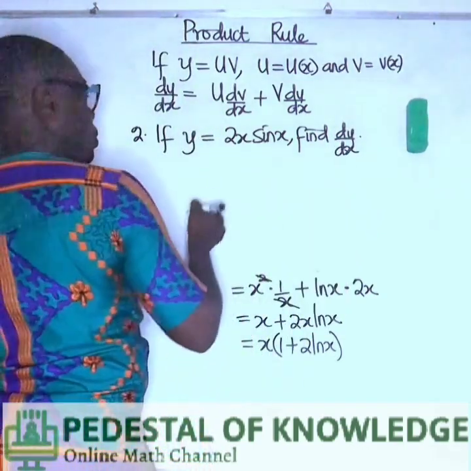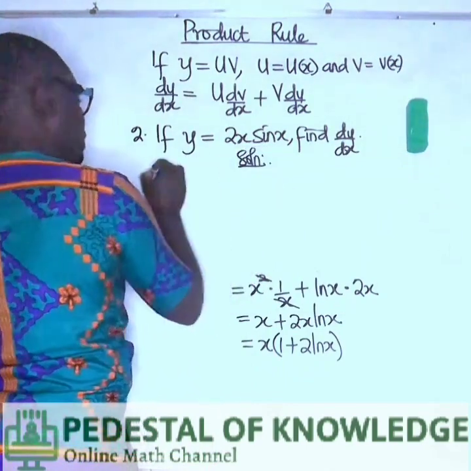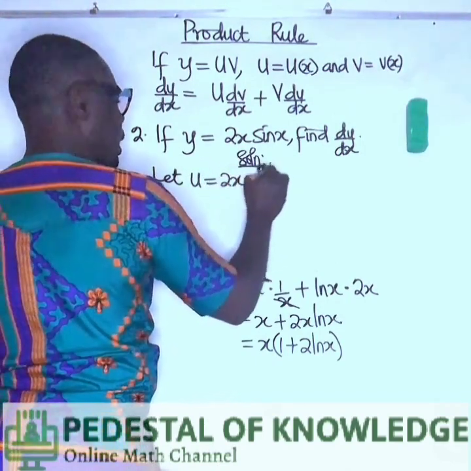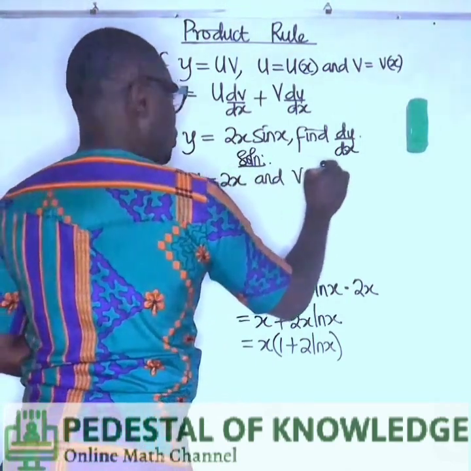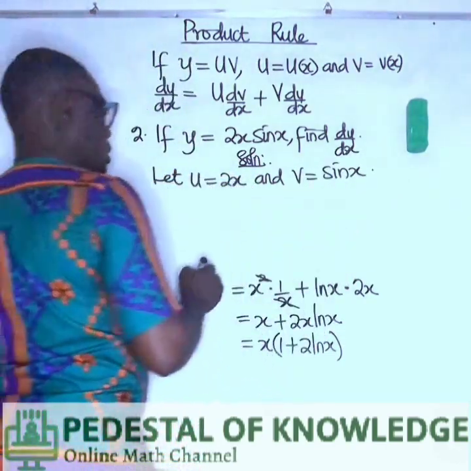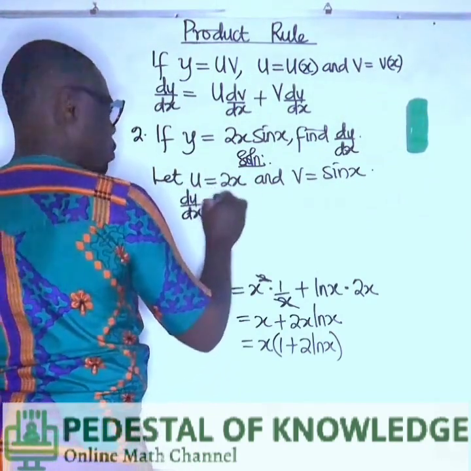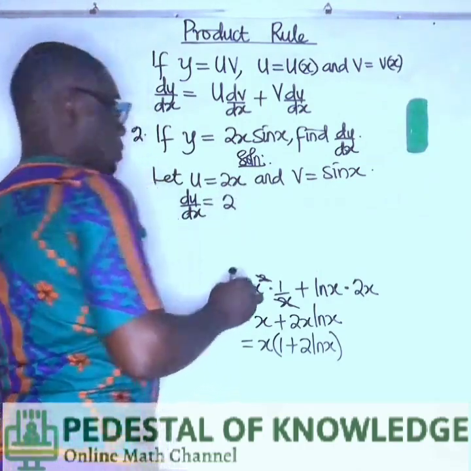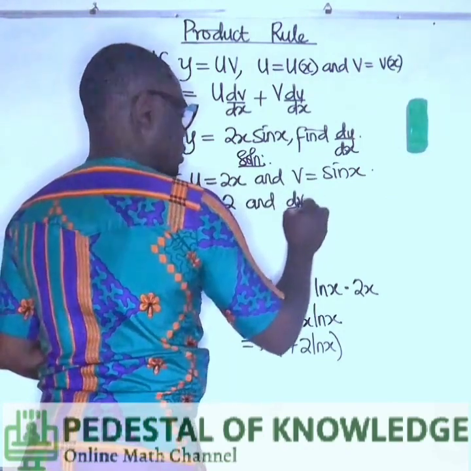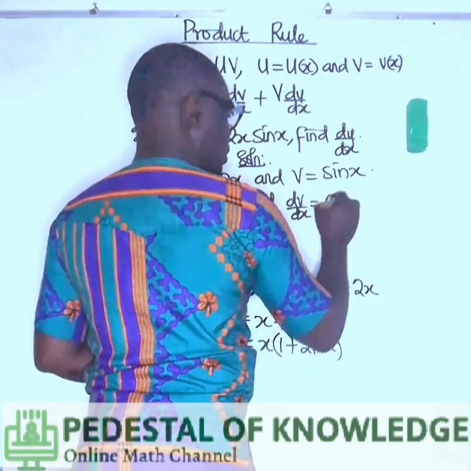All right, so as usual, we say let u equal to 2x and v equal to sin x. So when we differentiate u with respect to x, du/dx is equal to 2 and dv/dx is equal to, when you differentiate sine, the result is cos.